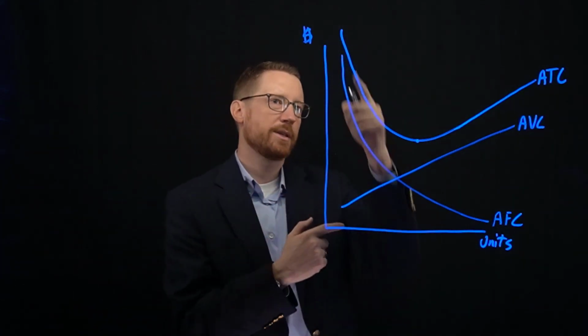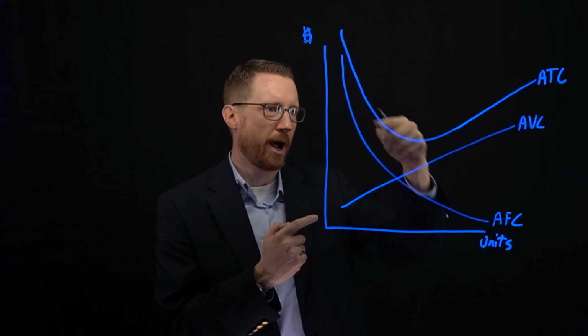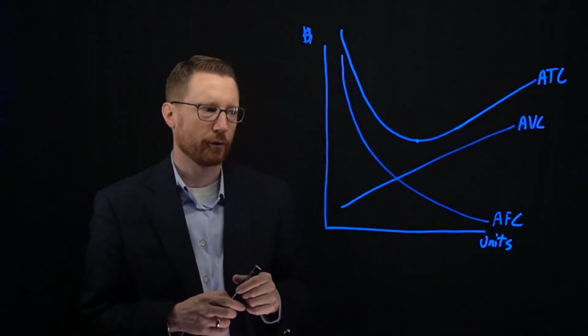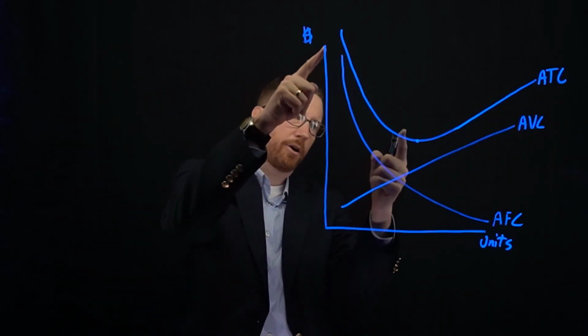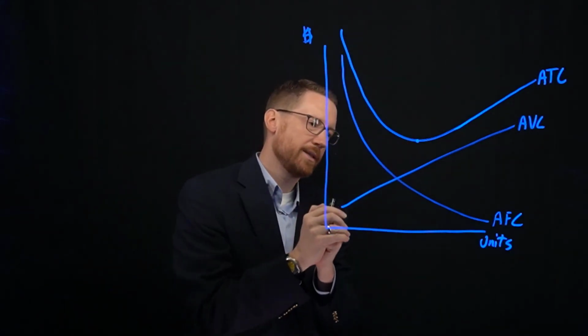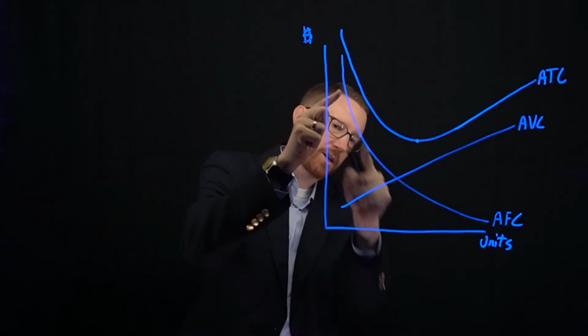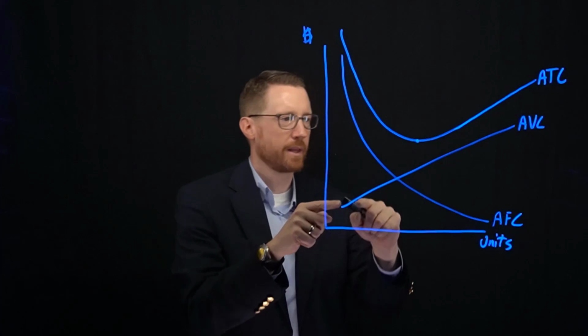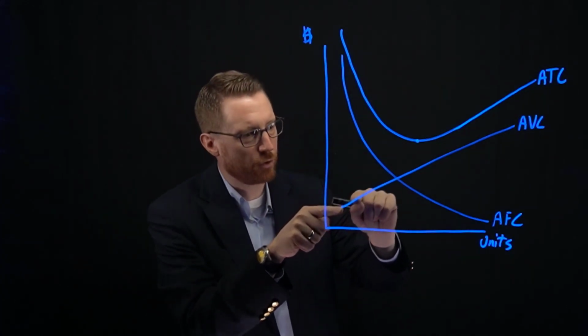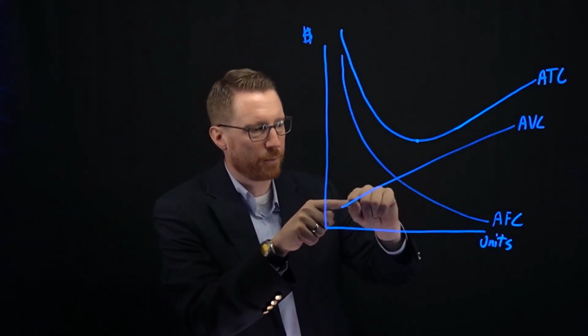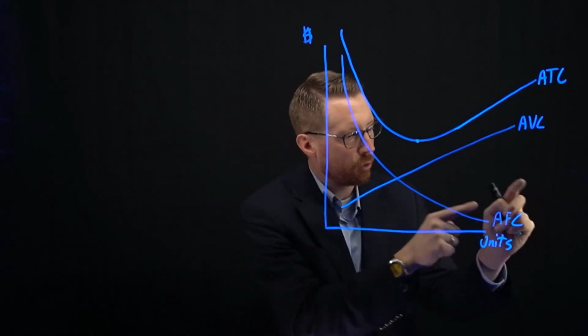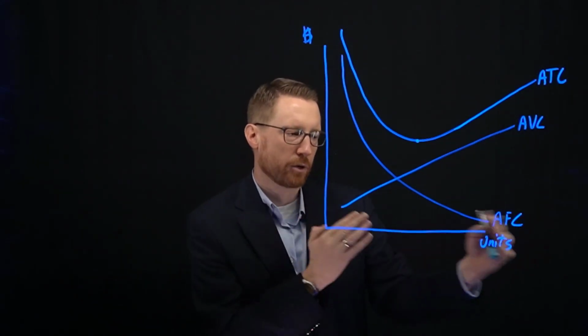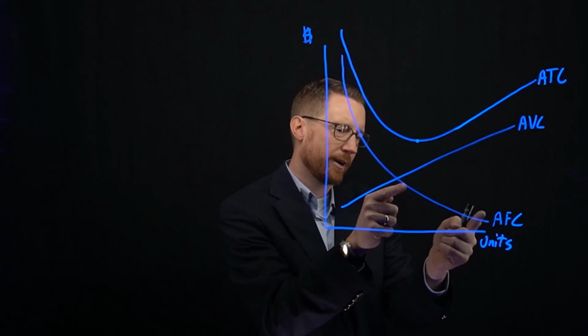And then finally, what does that mean for average total cost? Why is it this U-shaped curve? Well, because early on at lower quantities, we see average fixed cost declining very quickly. And it outweighs this increase in our average variable cost. But as we produce more units, spreading out rent across more units doesn't have a very big effect, right?